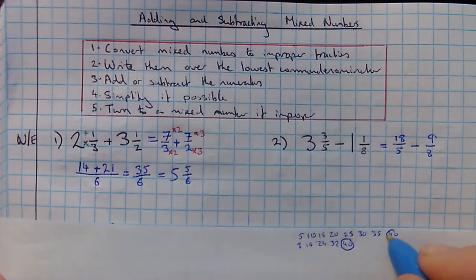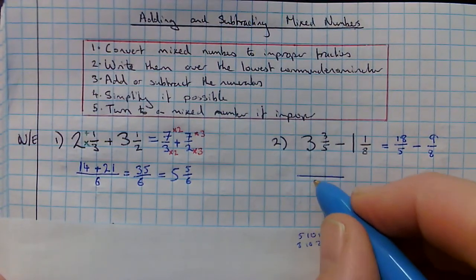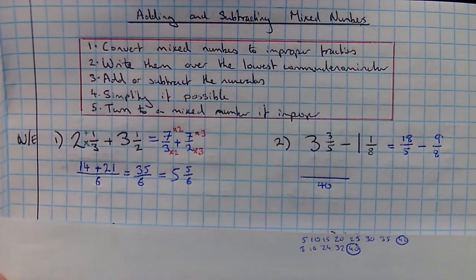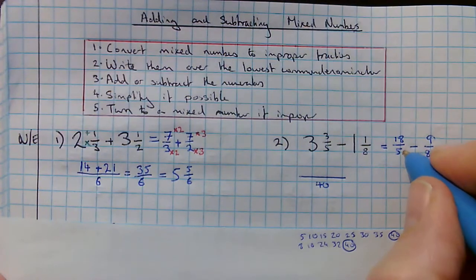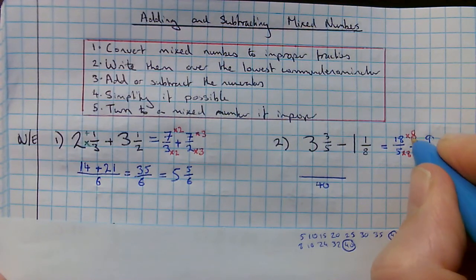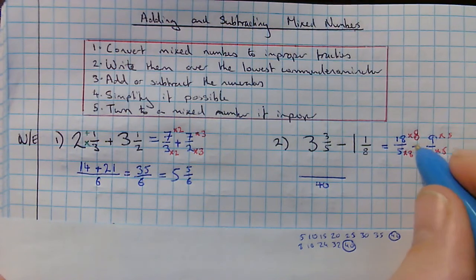So I'm going to write my bar down here over 40. Thinking about what I've done, to go from 5 to 40, I've times by 8, so I'm going to need to do the same to that numerator. To go from 8 to 40, I'm timesing by 5, so I need to do the same to that numerator.